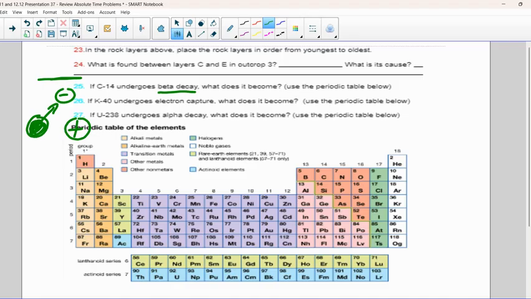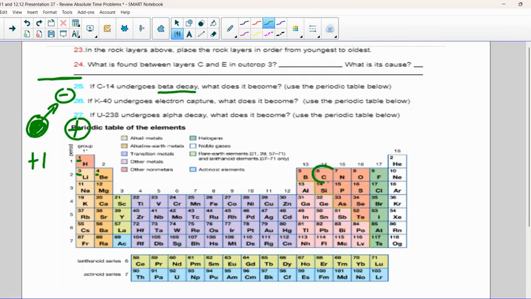And it's the number of protons that determines the atomic number, which is this number at the top here. And so in beta decay, we are going to add 1 for the atomic number. The mass doesn't change. Even though an electron does have a tiny bit of mass, we don't count it when we talk about the mass of an isotope. And so the mass doesn't change, but the atomic number does.